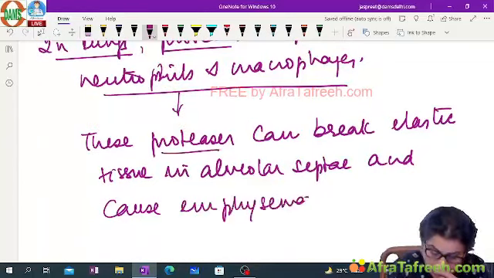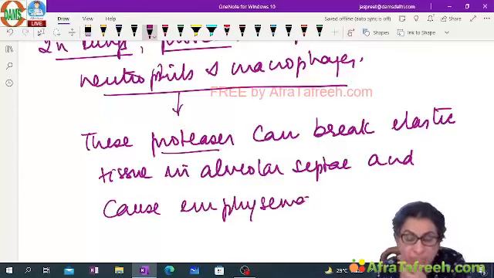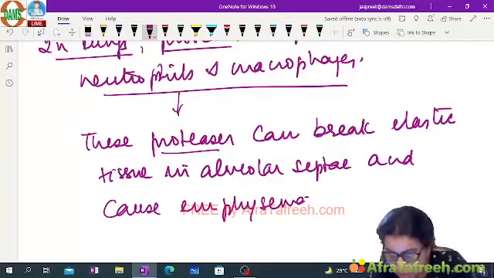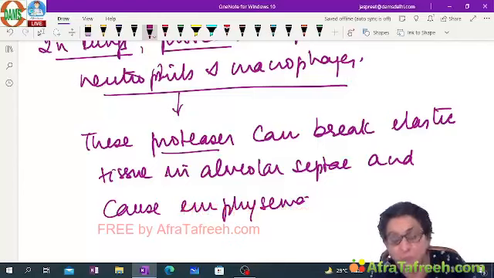So proteases produced by neutrophils and macrophages in response to cigarette smoke or other environmental pollutants have the capacity to break the elastic tissue found in the alveolar septae.